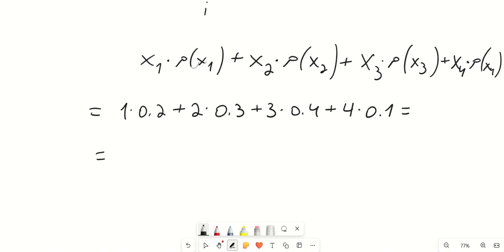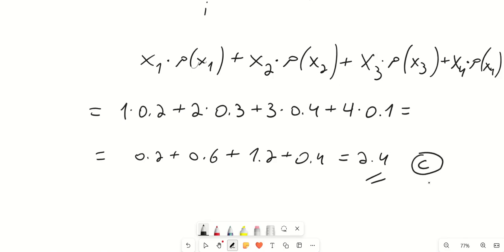So I move on, I get 0.2 plus 0.6 plus 1.2 plus 0.4, and here I get 1, 2.2, 2.4. So this is the expected value, and this is the answer to C.